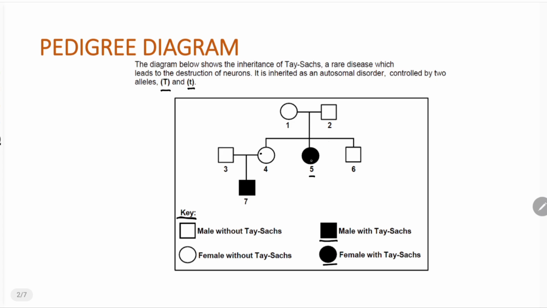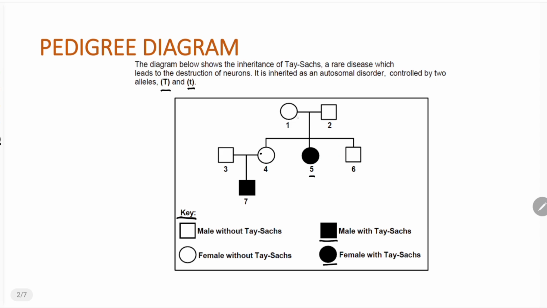But individual 5 is a female with Tay-Sachs, while being an offspring of individual 1 and individual 2 without Tay-Sachs. It tells me that individual 1 and individual 2 have to be heterozygous. Therefore, if they are heterozygous, they were each able to distribute an allele that causes Tay-Sachs to individual number 5. Hence, this offspring is going to have Tay-Sachs.